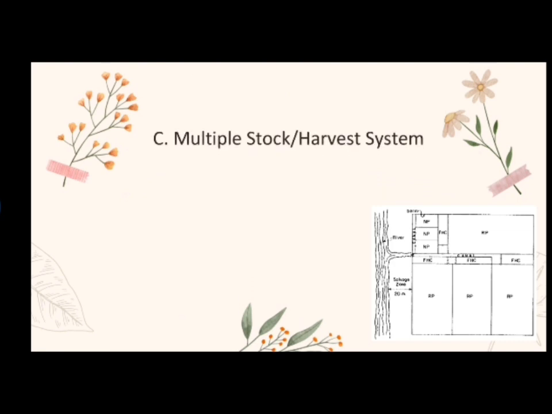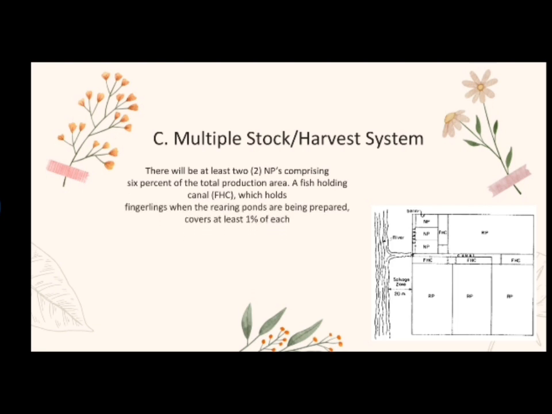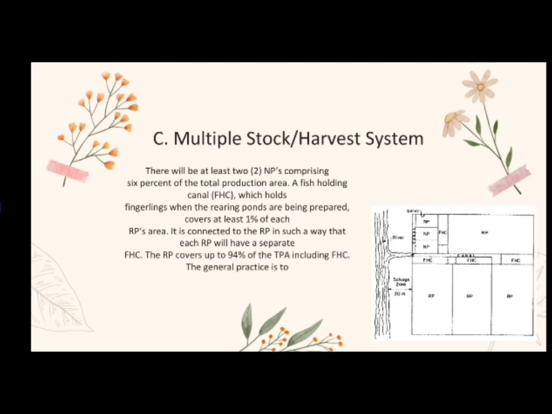So lastly is the multiple stock or harvest system. There will be at least 2 nursery ponds comprising 6% of the total production area. A fish holding kennel, which holds fingerlings when the rearing ponds are being prepared, covers at least 1% of each rearing pond's area. It is connected to the rearing pond in such a way that each RP or rearing pond will have a separate fish holding kennel.